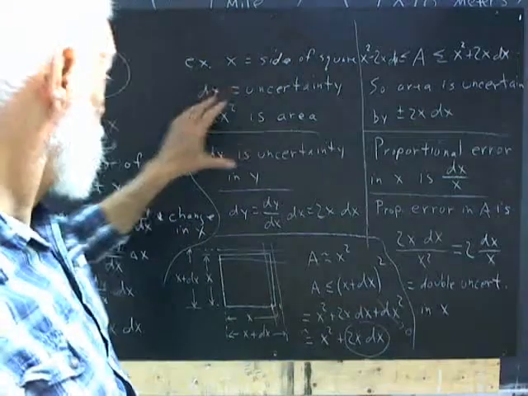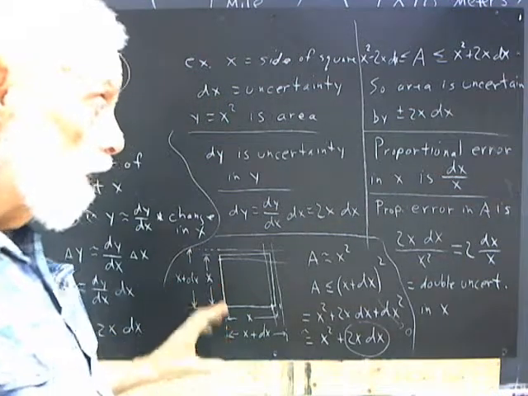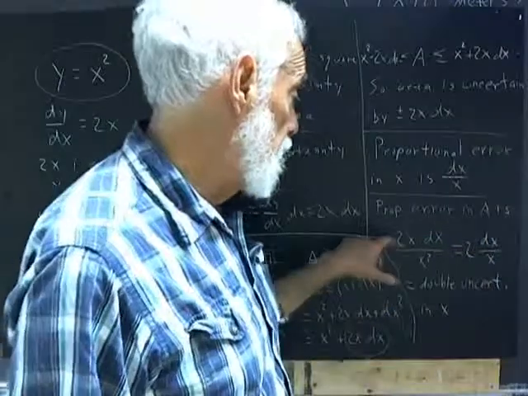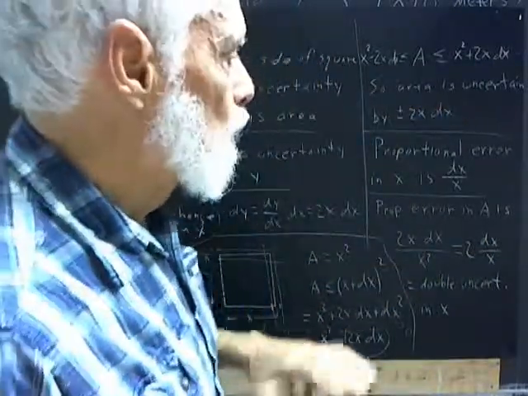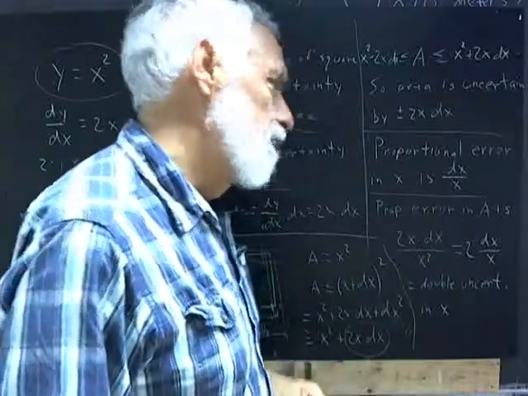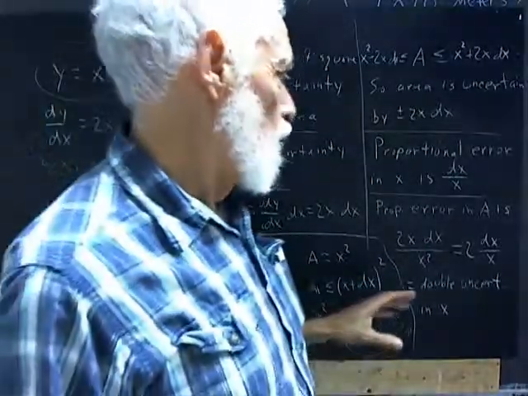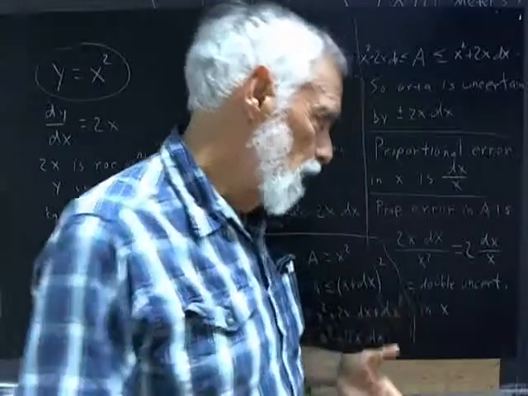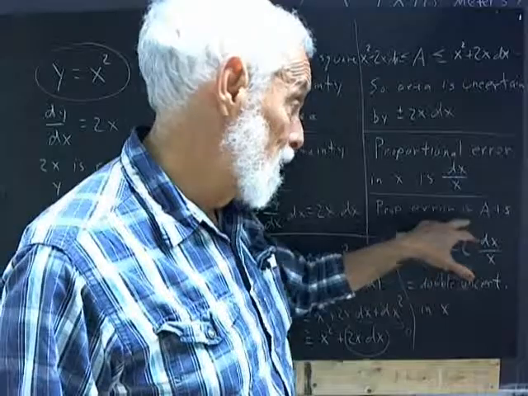The proportional error in A is what? For the example of the square, the uncertainty in A is 2x dx. I'm using the words error and uncertainty kind of interchangeably, and I should be a little more careful about that. They aren't quite exactly interchangeable, but we'll get into that distinction.